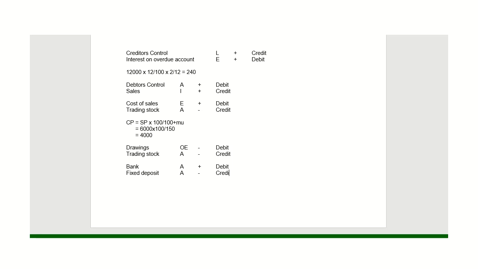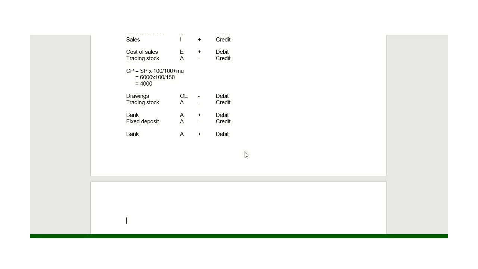The second part, for the interest, we also receive it, so also going into the bank, which is an asset. If we receive, we'll have more, which means, again, debit. What is it that we receive? We're receiving the interest, so it's interest on the fixed deposit.